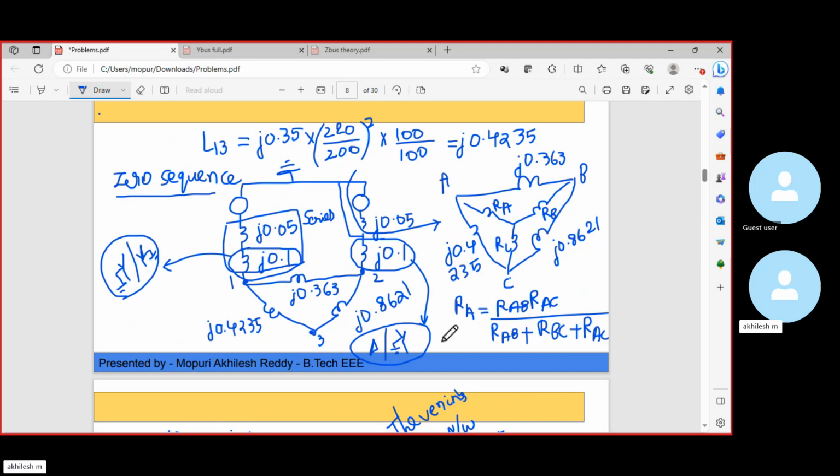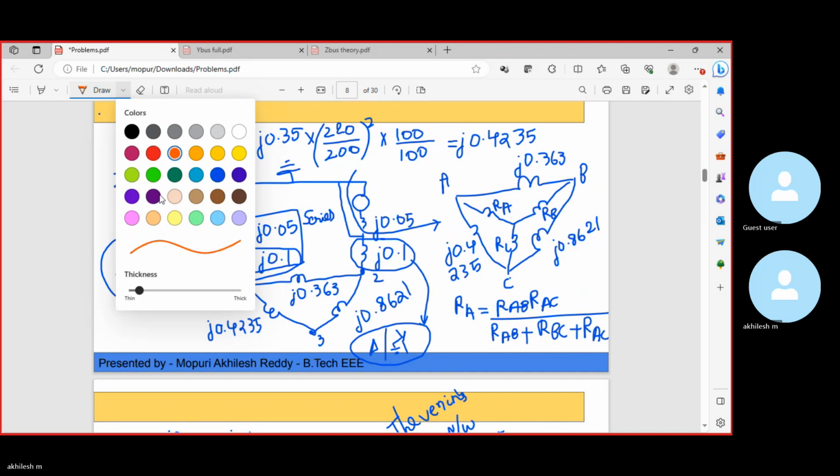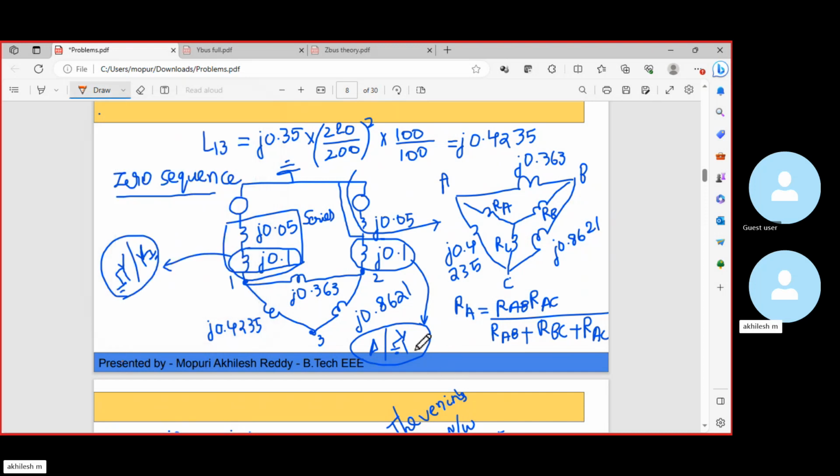So whenever it is like this, let me draw in detail. Whenever this is the case, then it will be equivalent to a break, and here it is connected to the ground. And here, this is the continuation. This is the ground. This down line is the ground.